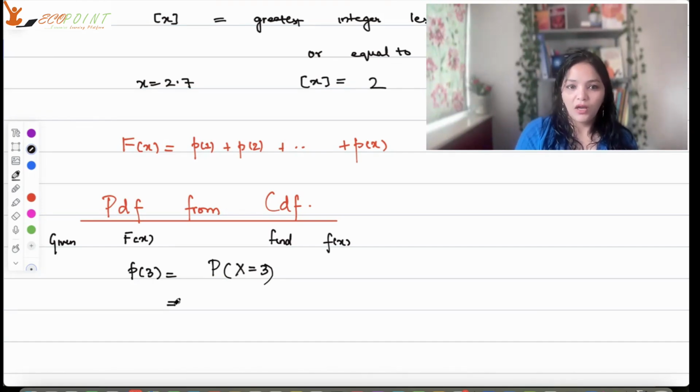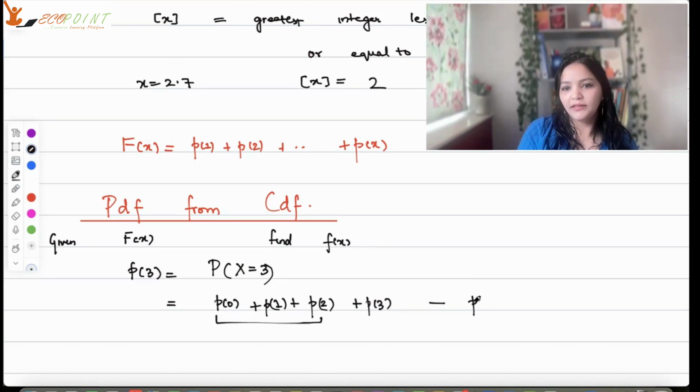So what I can do here is I can add P0, P1, P2, P3 is what I have here. I'm adding these, and let's now subtract. What I'm adding, I should be subtracting also.